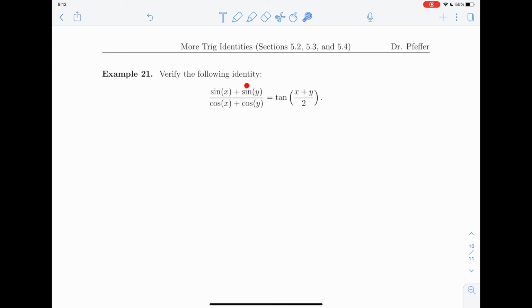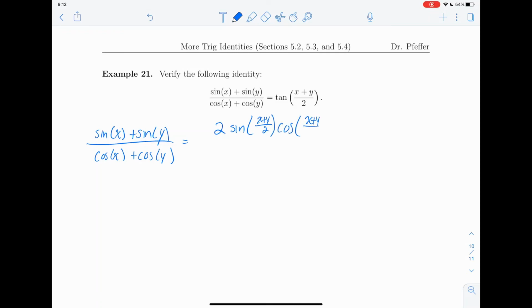The left-hand side, the numerator and the denominator, are each the sum of sines and cosines respectively. So we can use sum to product formulas, and we can write and observe that sine of x plus sine of y divided by cosine of x plus cosine of y is equal to, the numerator is 2 times the sine of x plus y over 2 times the cosine of x minus y over 2.